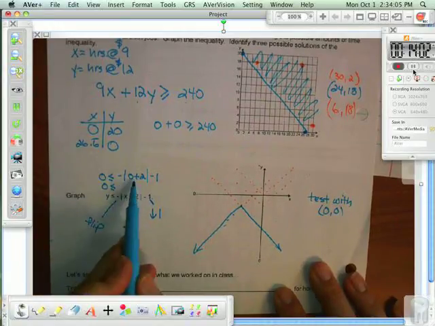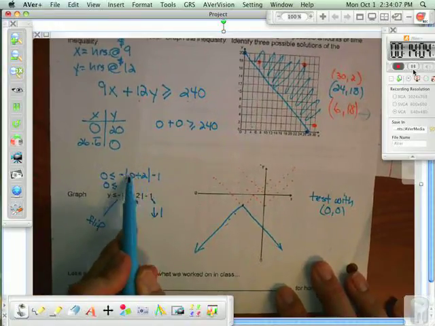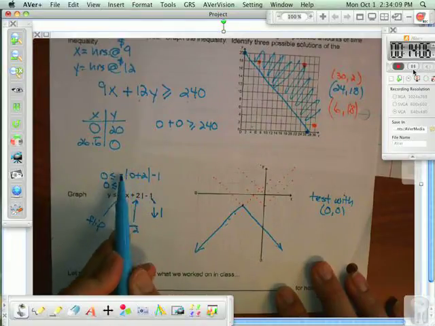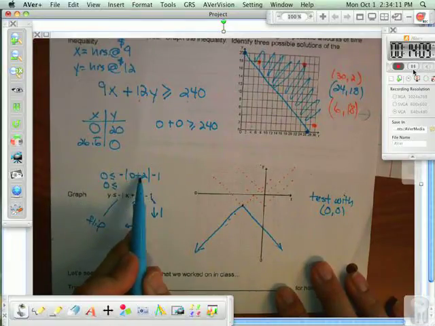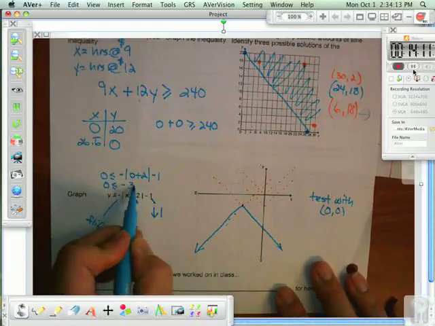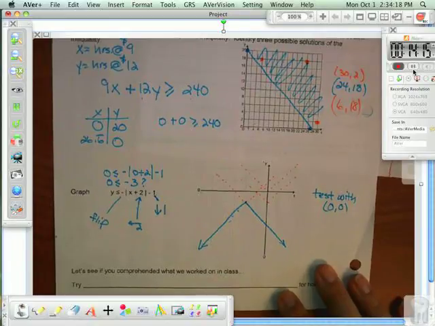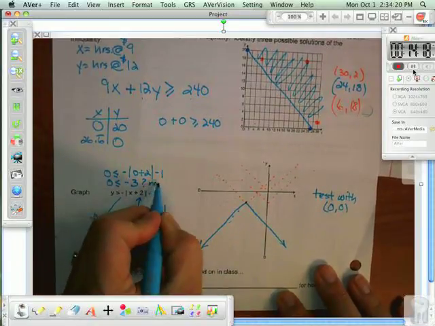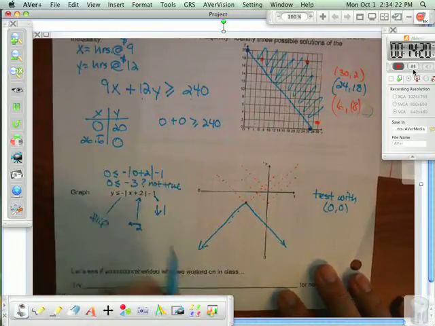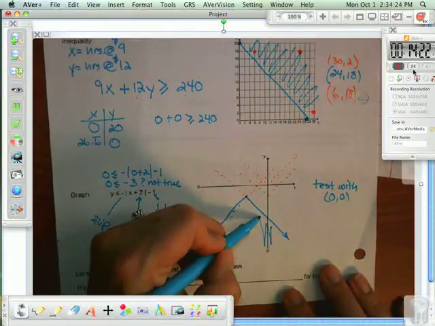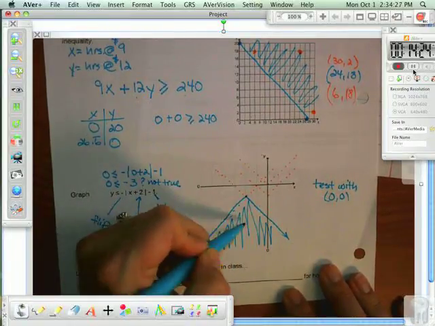Absolute value of 2 is what? 2. And that's negative. Negative 2. So negative 2, take away 1 is negative 3. Is this a true statement? Nah. No. It's not true. I don't think so. So what side do we graph? The bottom. We got to graph down here. Shade down here. Okay?